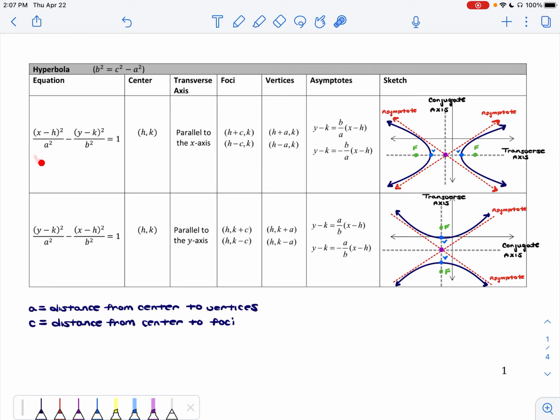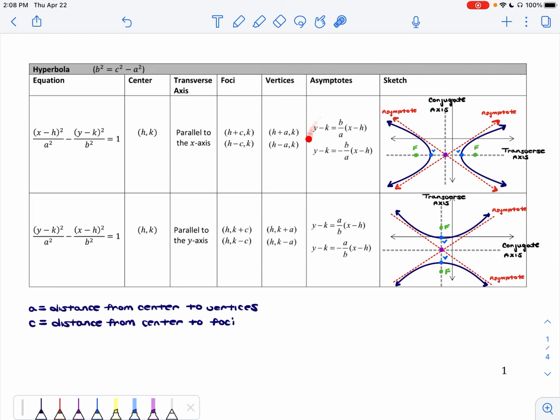The a value is going to tell us the distance from the center to the vertices. If you use this equation up at the top, b squared is equal to c squared minus a squared. The c value tells us the distance from the center to the foci. The b value with hyperbolas only serves to help us figure out the slope of the asymptote.